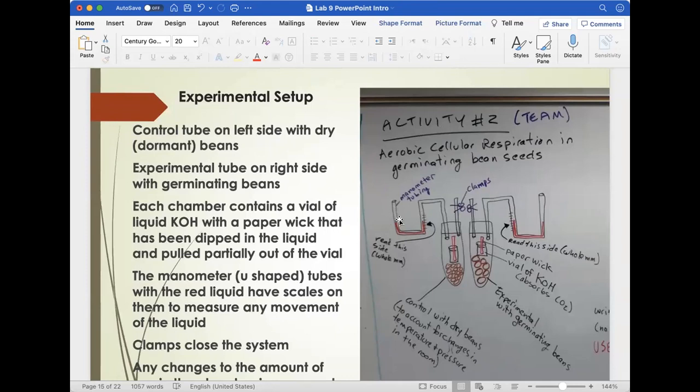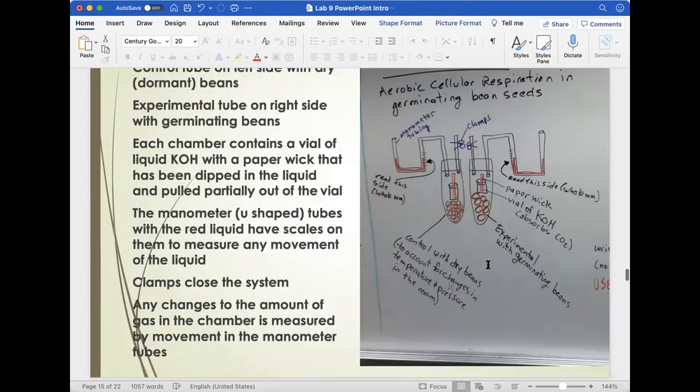As the liquid changes, that change in liquid volume that you can read on the side of the tube, we will correspond with the amount of oxygen being consumed. Oxygen is being consumed because we're doing cellular respiration in germinating seed beans. So they are consuming oxygen, so the liquid will change. And they are creating carbon dioxide, and the carbon dioxide is being absorbed by the KOH in that vial.